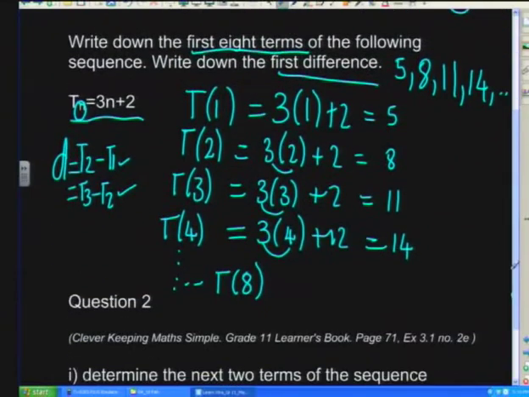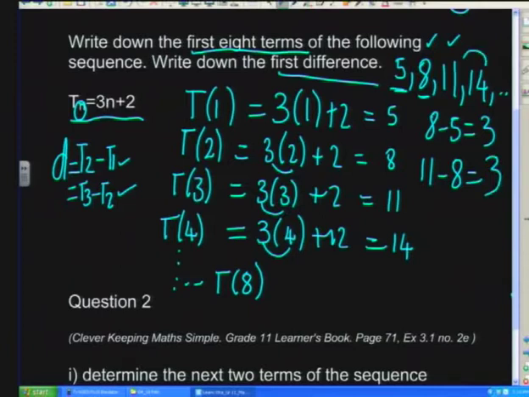So term 2, which is 8, minus term 1, which is 5, gives me 3. Then term 3 minus term 2, that's 11 minus 8, my answer is also 3. Similarly, if you said 14 minus 11, you'll also get 3.